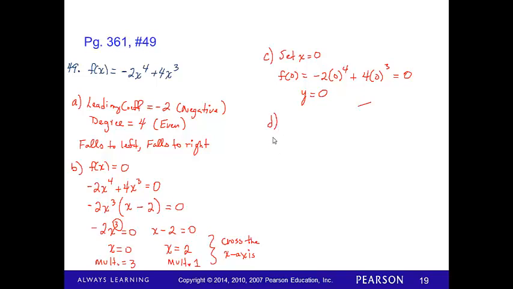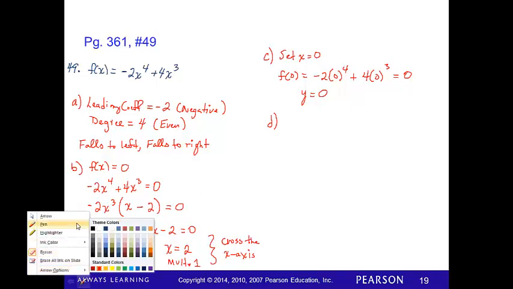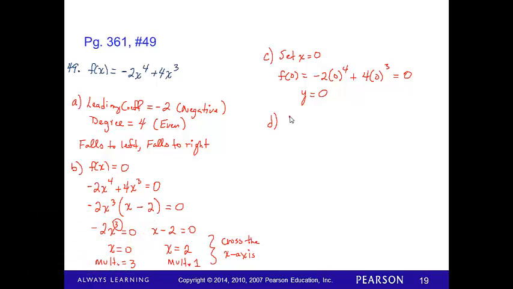Part D, determine whether the graph has y-axis symmetry, origin symmetry, or neither. Now this is not something we covered in the slide, so let's talk about it. The first thing you want to do is go ahead and find f of negative x. Notice that it always says f of x. So when we deal with symmetry, go ahead and find f of negative x too. So that's negative 2 times negative x to the 4th plus 4 times negative x to the 3rd.